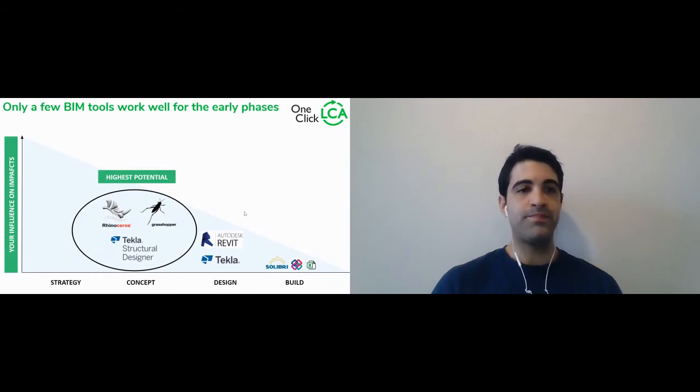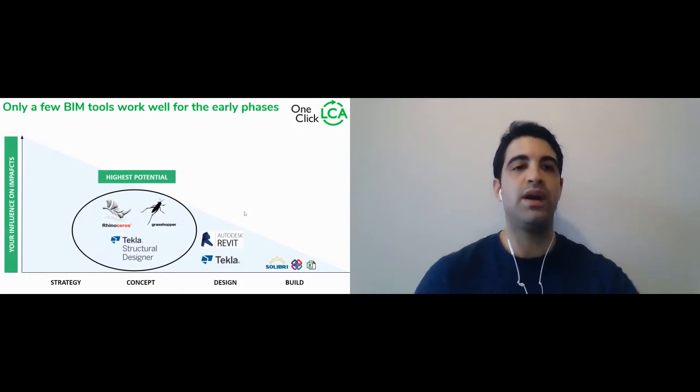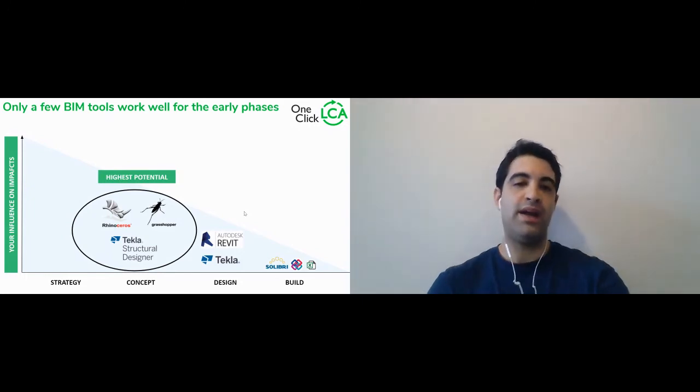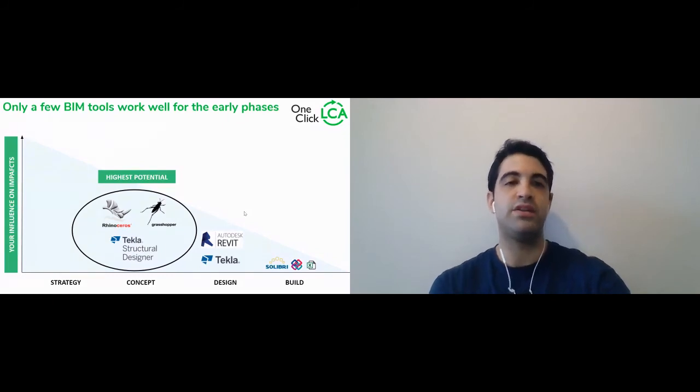Some of the well-known ones are Rhinoceros, Grasshopper, or Tekla Structural Designer, for example. This is very important in the concept stage because your influence on impacts is higher the closer to the beginning you are. As you can see here, we have two arrows, let's say Y and X, and your influence on impacts when you're in the strategy stage is huge because you can define and design many things.